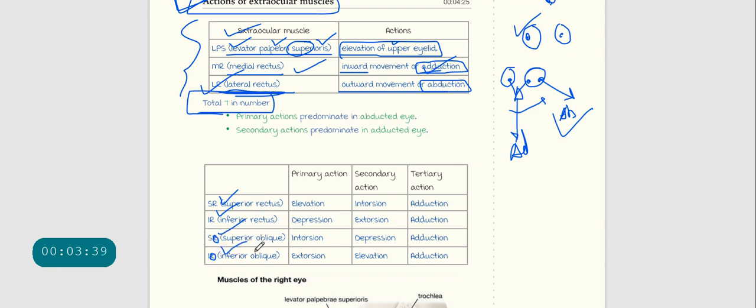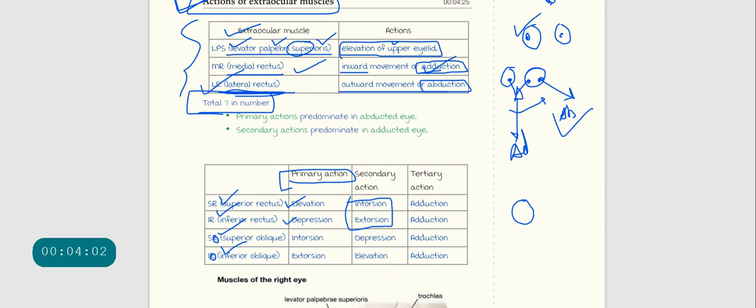The superior rectus, its primary action is elevation, and the inferior rectus, its primary action is depression. Now there are something called extorsion and intorsion. This is the movement of the eyeball at its axis only.